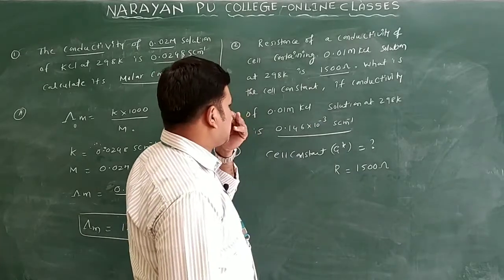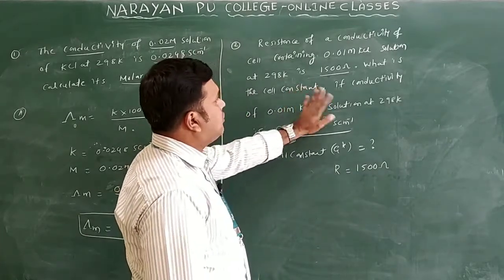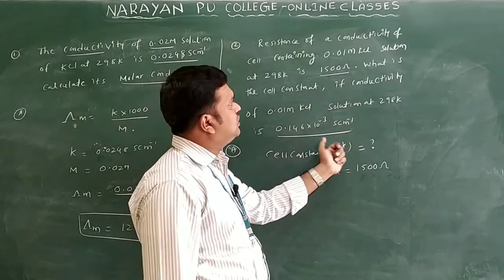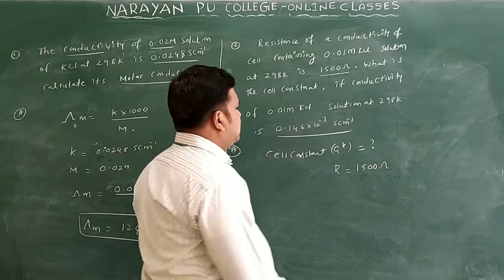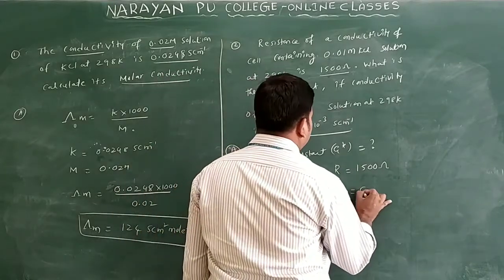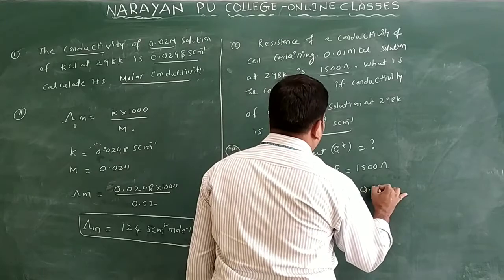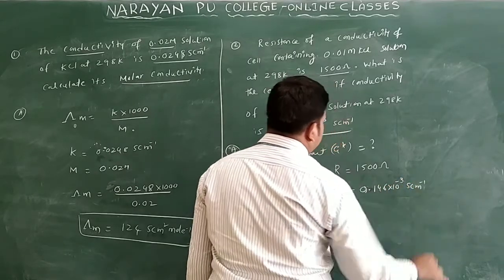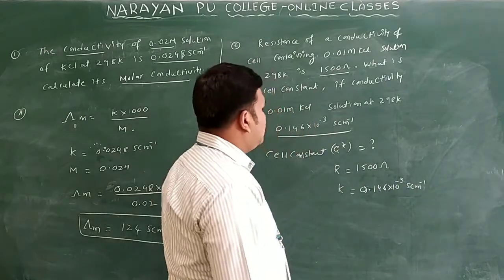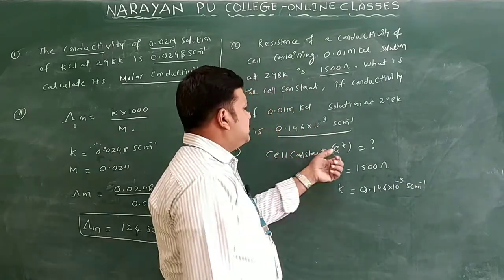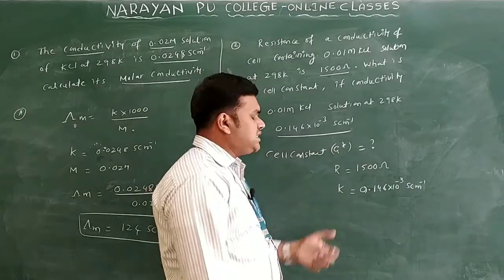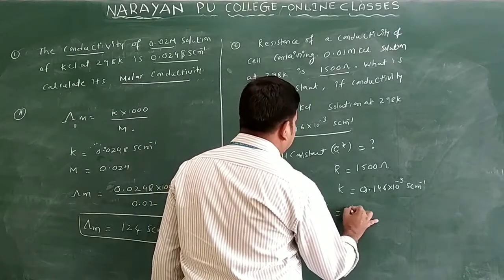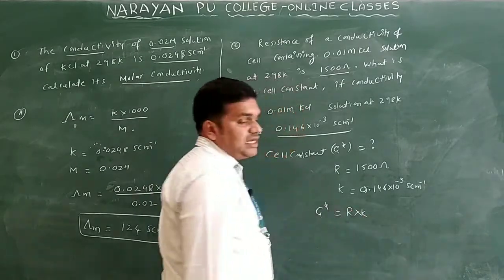And one more thing given is the conductivity K, which is 0.146 into 10 power minus 3 Siemens centimeter inverse. So we have to find G star, R is there, and K is there. From this we can write one derivation: G star is equal to R into K.